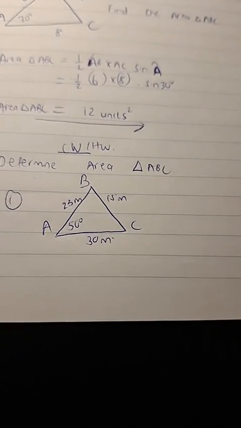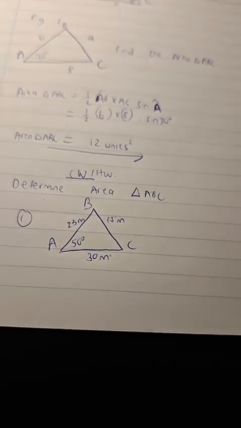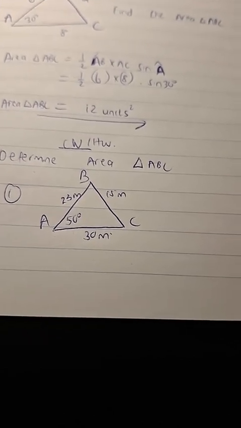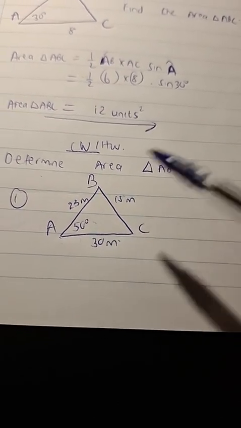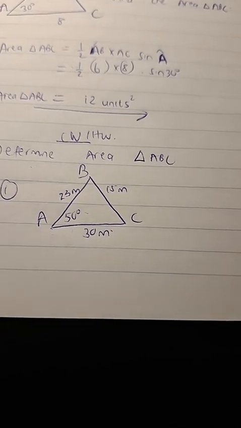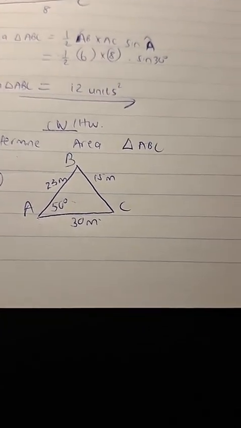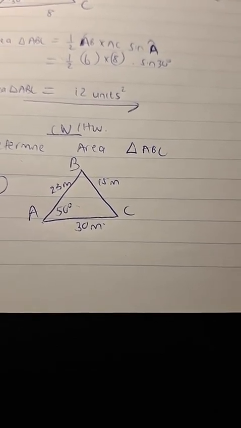Okay. And I guess the famous $1,000,000 question, do we have an included angle? Yes, we do. Do we have two other sides? Yes, we do. Are they the ones that sandwich the angle? Yes, they do. Can we then solve for the area? Yes, we can.